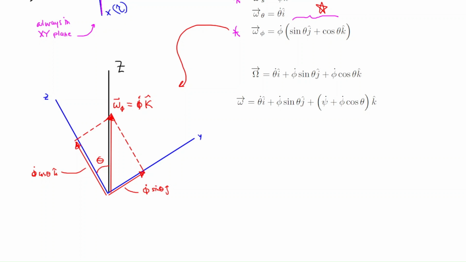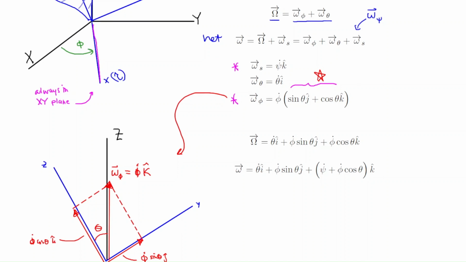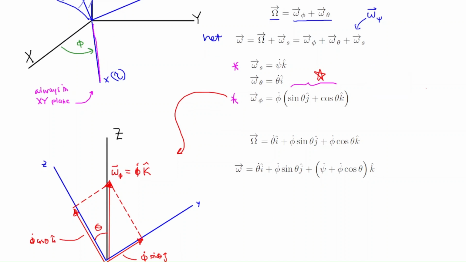Now if we go back up, to these definitions of capital omega and the net lowercase omega, we can actually write those each in terms of these Euler angles. Commonly, because we have this sum here, we just call that component omega sub z, just for short.